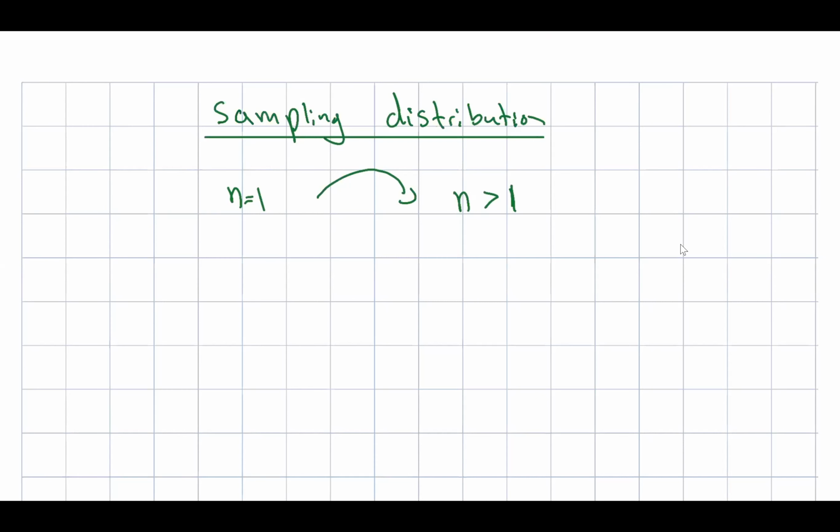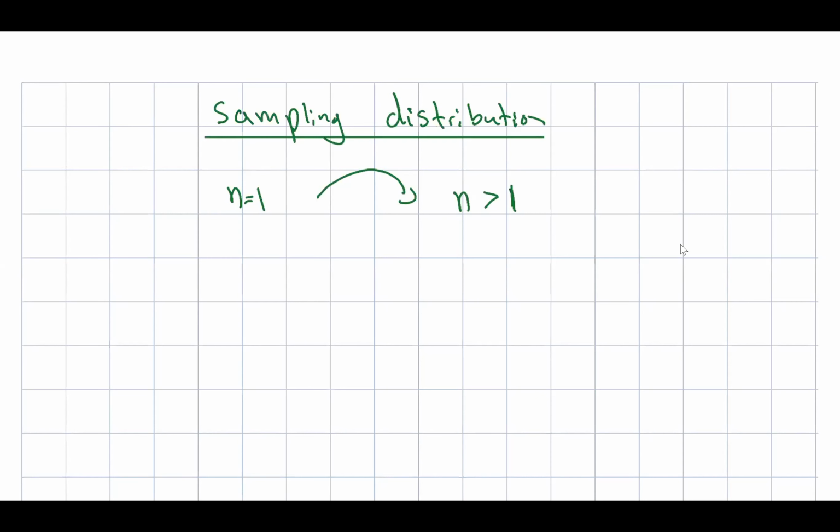So when we say that we have a sample size bigger than 1, instead of me saying find the probability that an individual has an IQ score greater than 100, what we want to find out now is the probability that a group of people have an IQ score higher than 100.